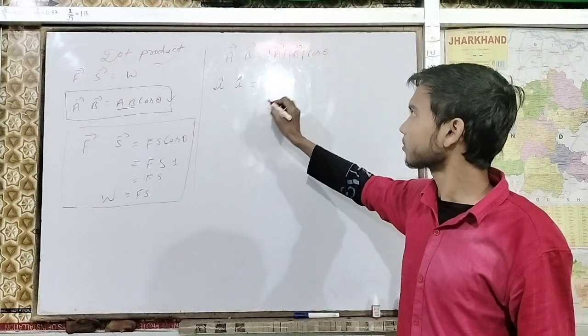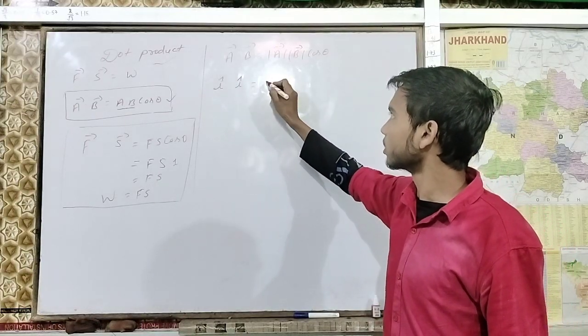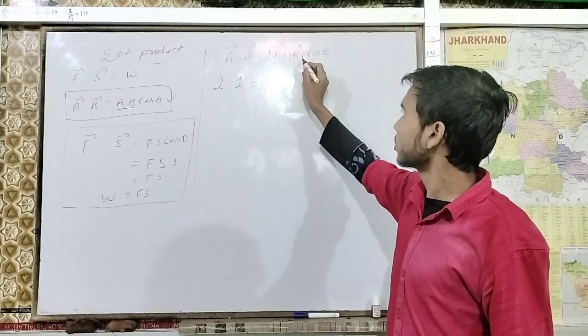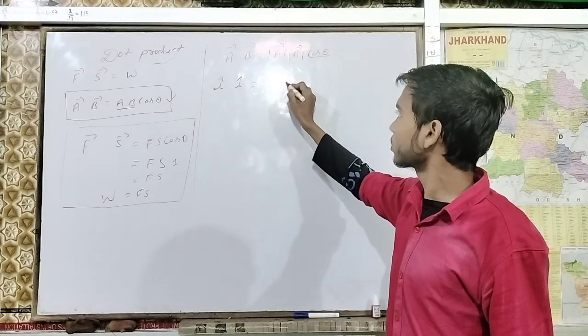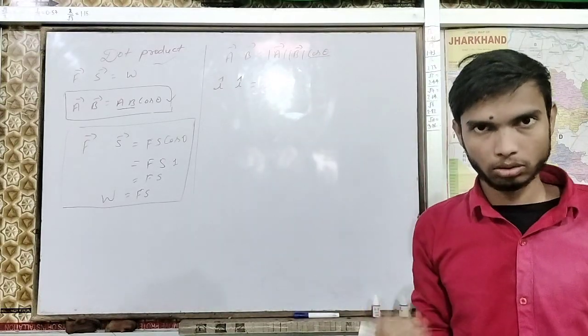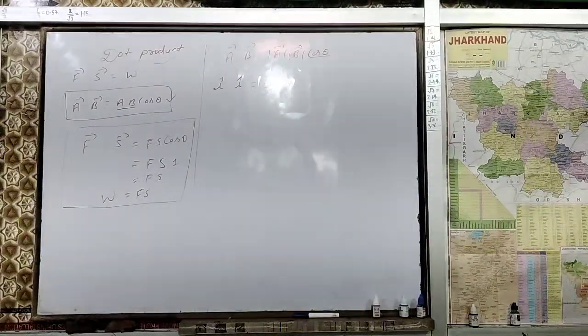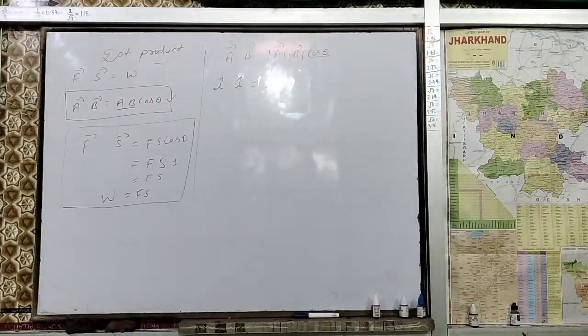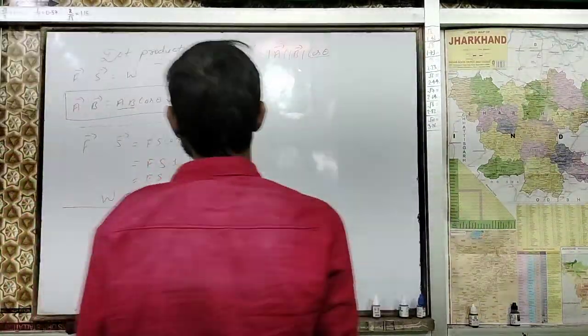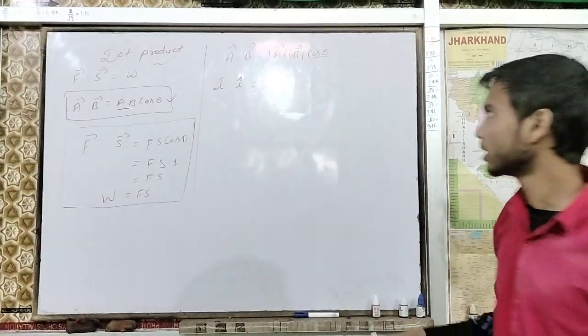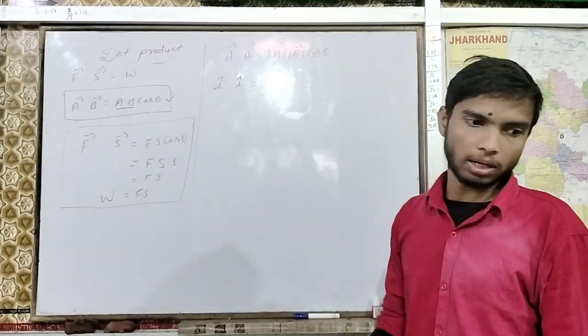So this will become 1. Next we have cos. How much angle do we have? This is what we have to find.